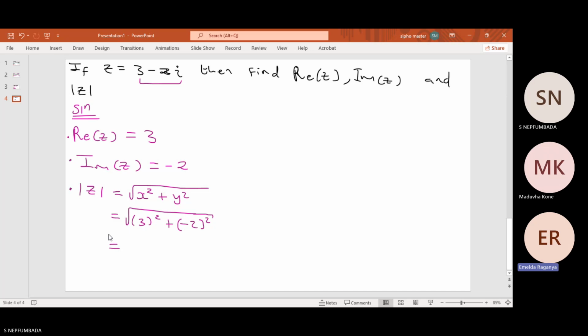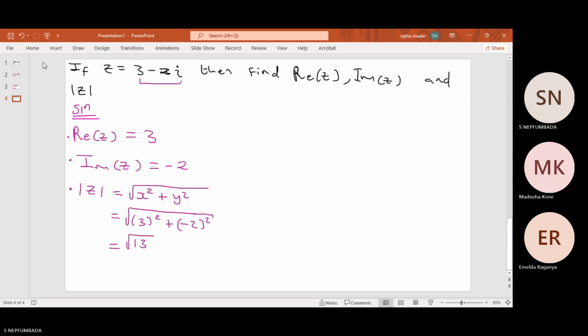Square root of 13. Is it difficult? No. Can I proceed? Yes.